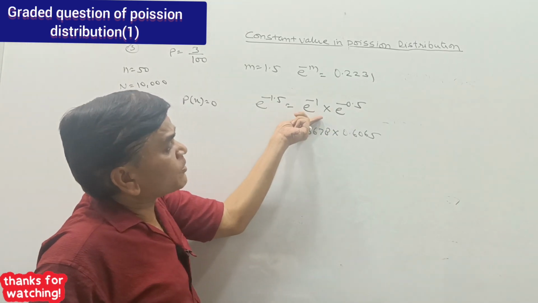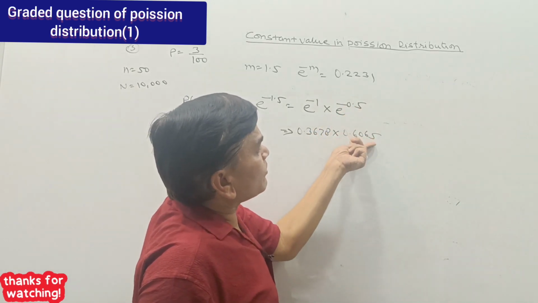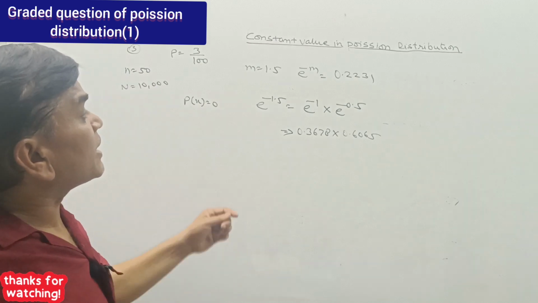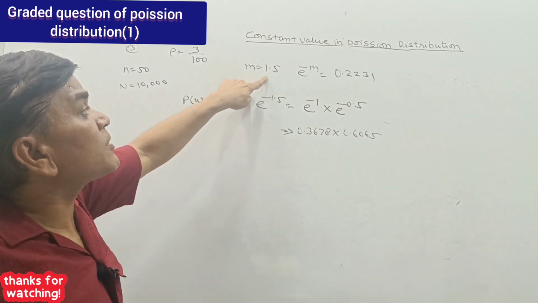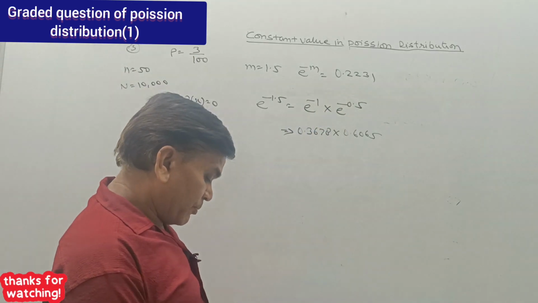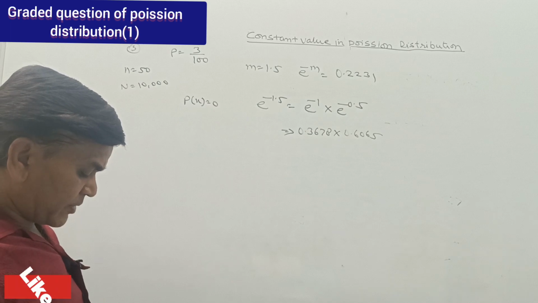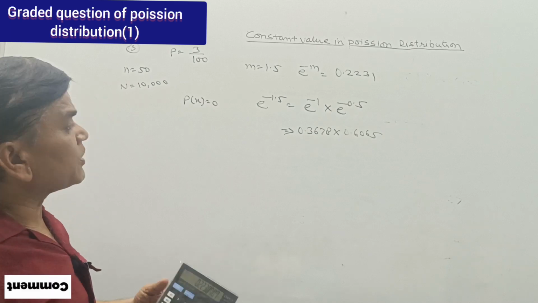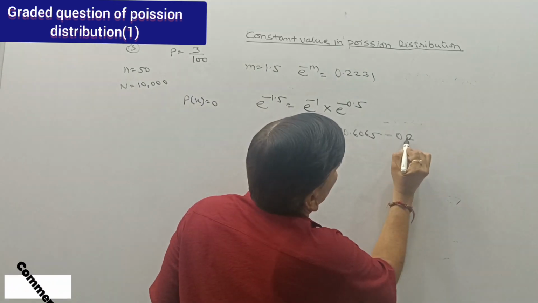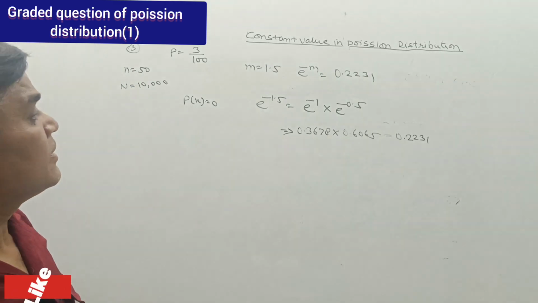So 0.3678 multiplied by 0.6065 gives 0.2231. So in this manner also you can calculate this.